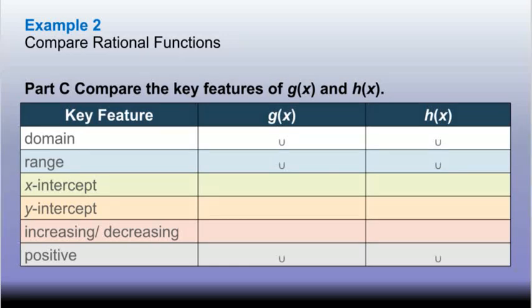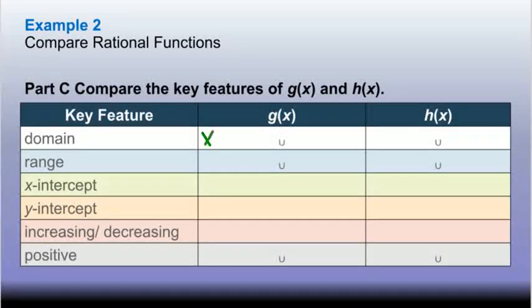the domain for g of x would be negative infinity on the low end to -1, and then for here it would be -1 and positive infinity. Let's just write this simpler.